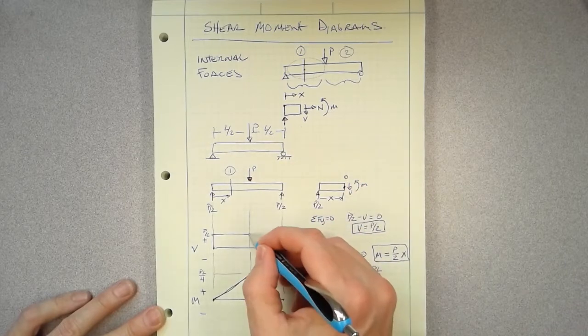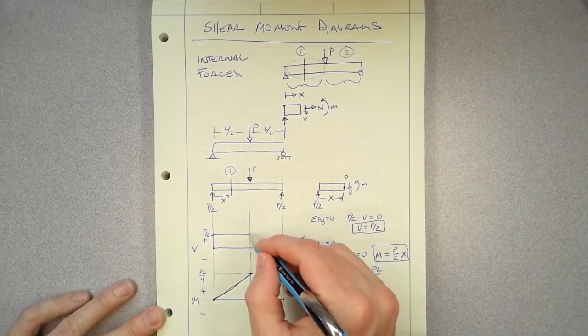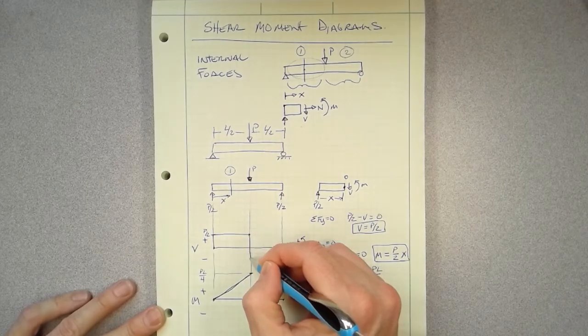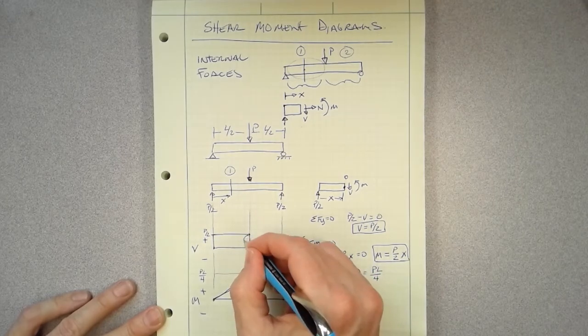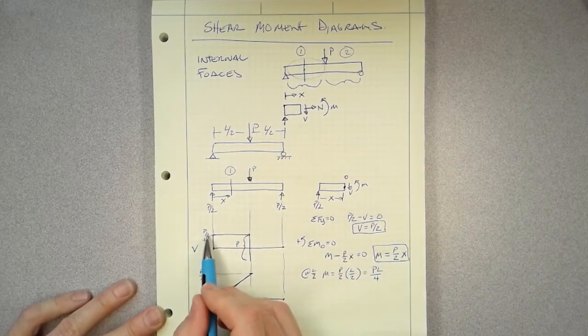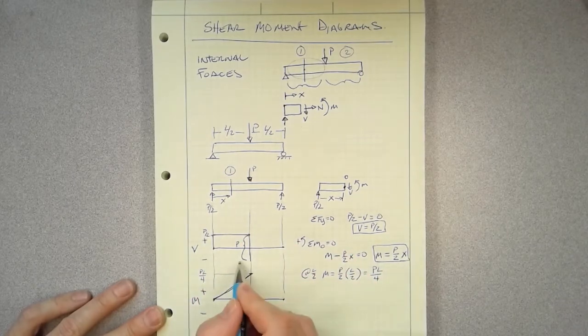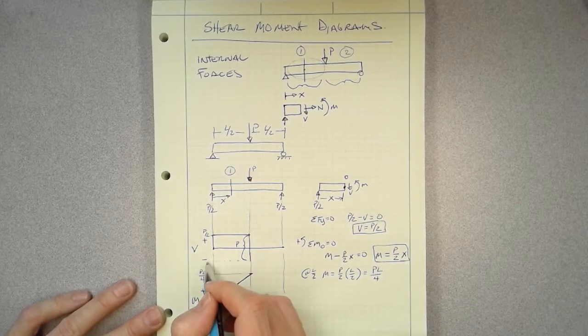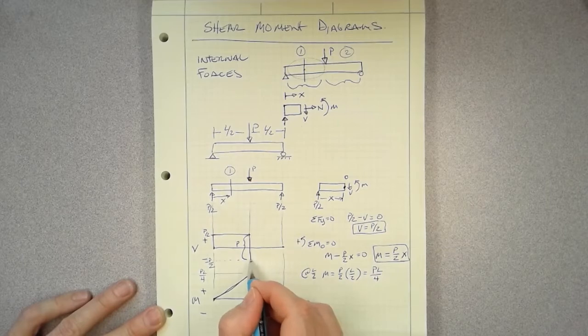So basically from here, which is P over 2, it's going to go all the way down. So this distance here has a value of P. So P over 2 minus P takes us all the way down to minus P over 2.